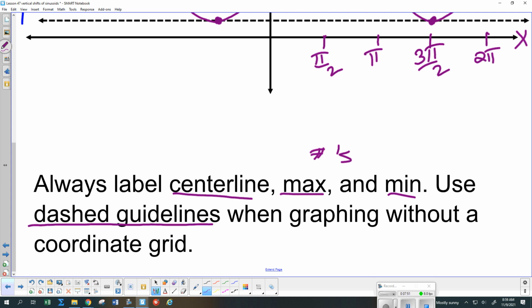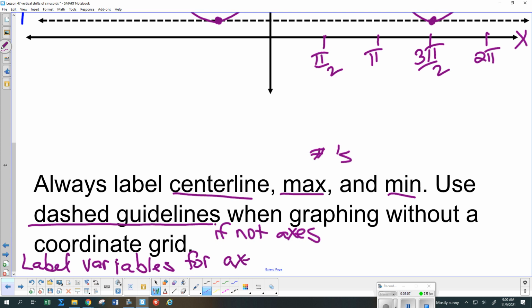Dashed lines, if they are not one of the axes. And label the variables for the axes. So anytime you're drawing a sinusoid graph, that's something that you'll be doing. Does that make sense to everybody?